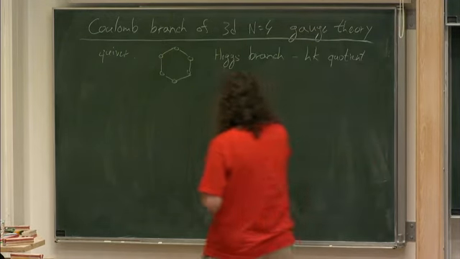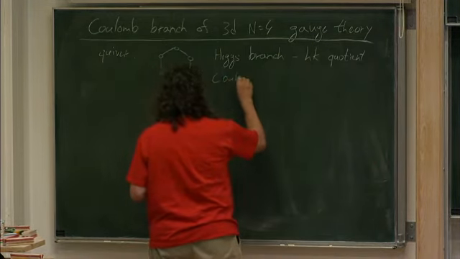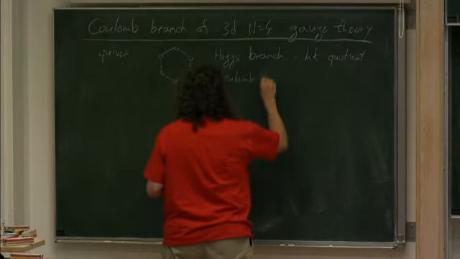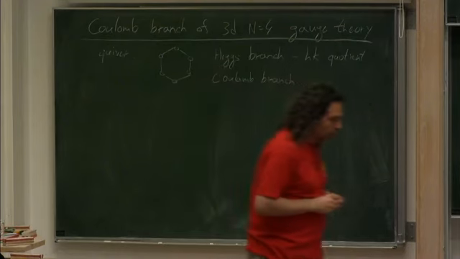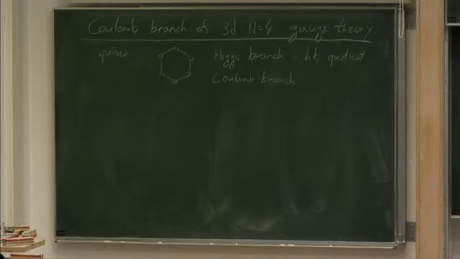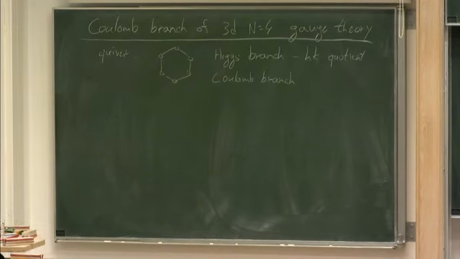And the second one is called the Coulomb branch. And for perhaps obvious reasons, there's not been much attention about the other side, the Coulomb branch, and I think it's about time to start studying such spaces in more detail.